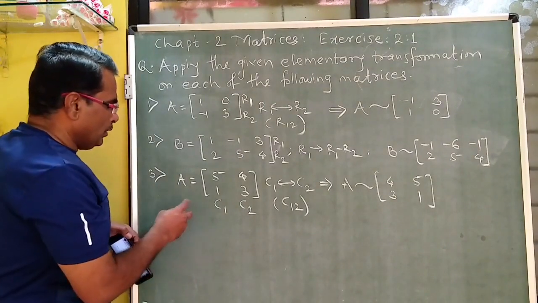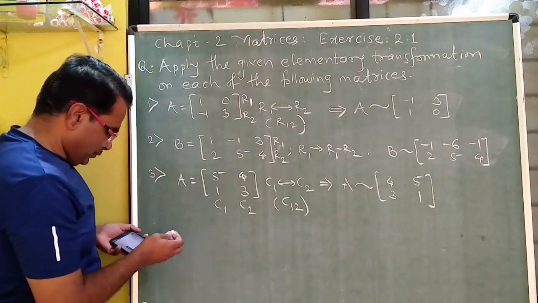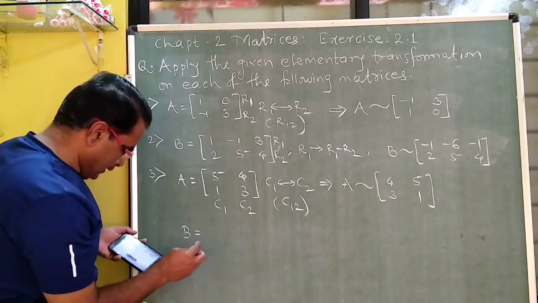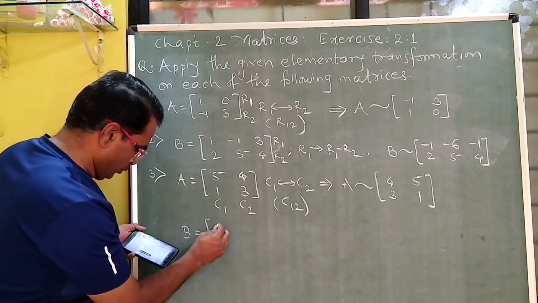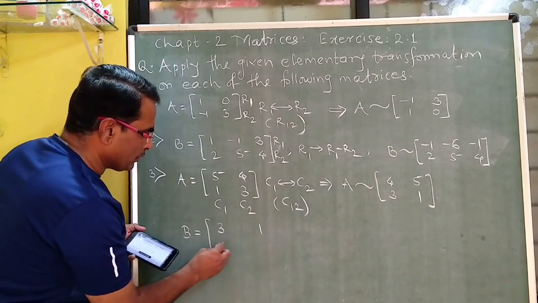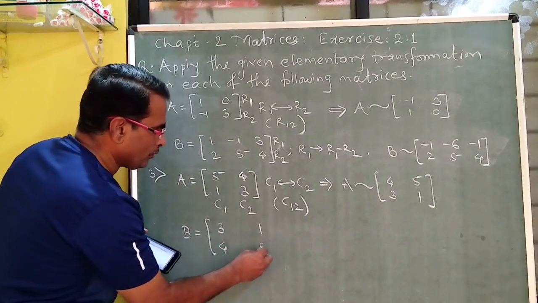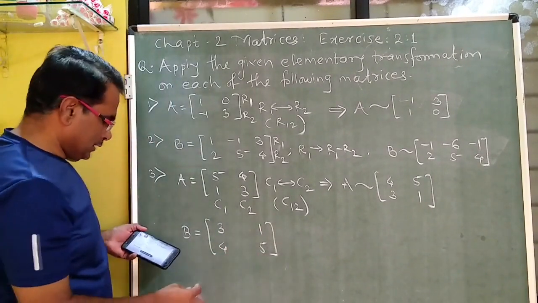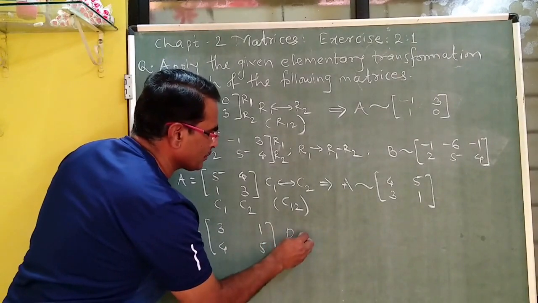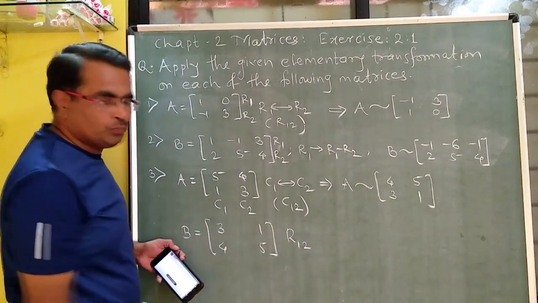Now in the same example, another matrix is given, and that is matrix B is given to be 3 1 4 5, and on this the expectation is R12.